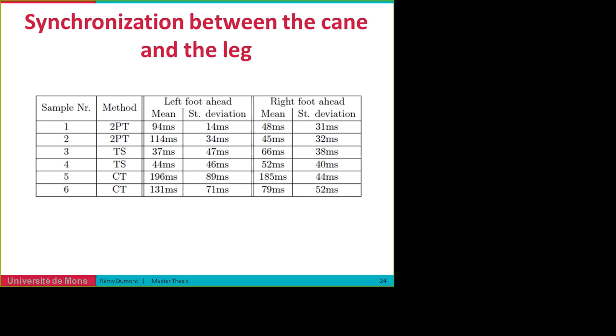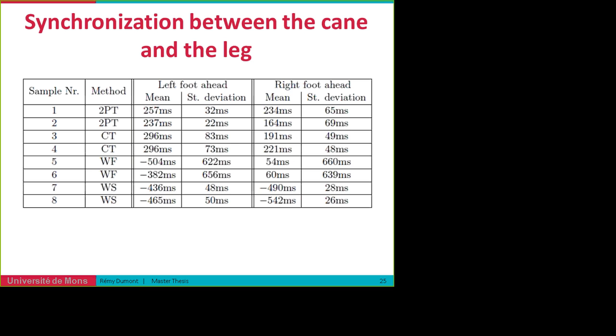For the second subject, who was myself, the mean is higher for the first 2 methods, the first 4 samples. It's probably because I'm not a keen user, so I'm probably not using it 100% properly and accurately. The last 2 methods, so the last 4 samples, were wrong methods that are used by new cane users.